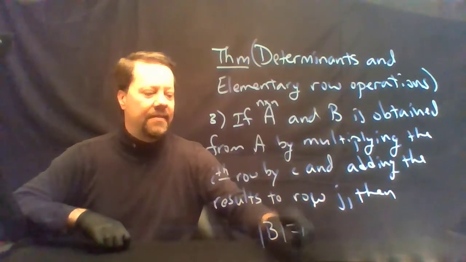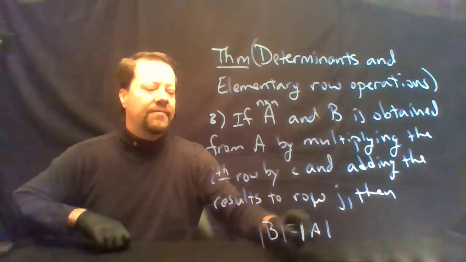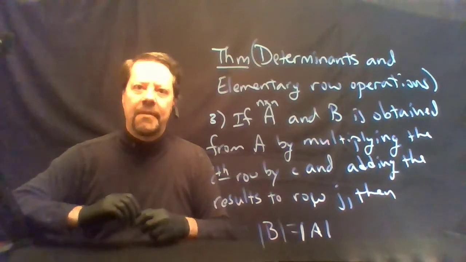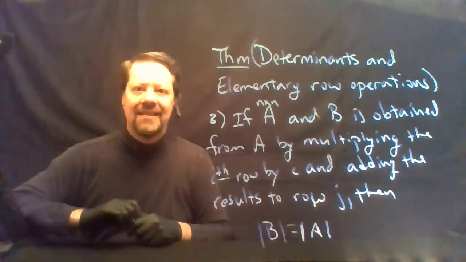The answer is not at all. So the third elementary row operation does not change the determinant in any way.